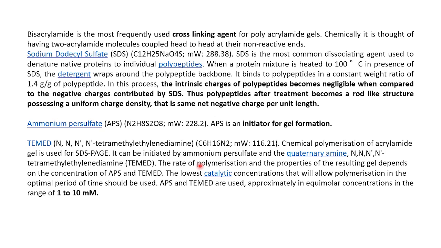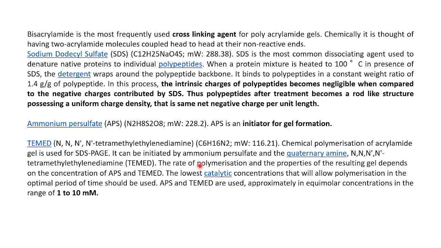The ammonium persulfate initiates the sulfate free radicals, and these free radicals that are generated are important in the fast formation of the gels, or the speeded up polymerization process of this particular matrix formation, right?